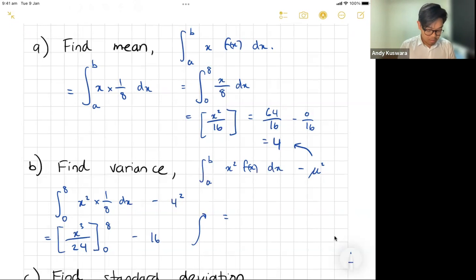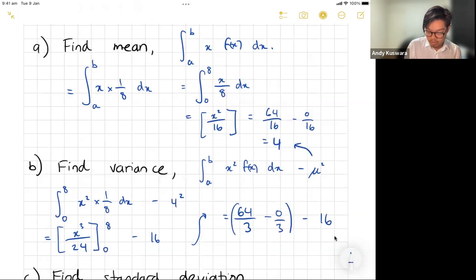So it's going to be 8 cubed, 512, divided by 24. It's going to be 64 on 3, take away 0 on 3. And then all of that take away 16, which is the mean squared. So 64 on 3 take away 16 is just going to become 16 on 3. And that's going to be your variance.